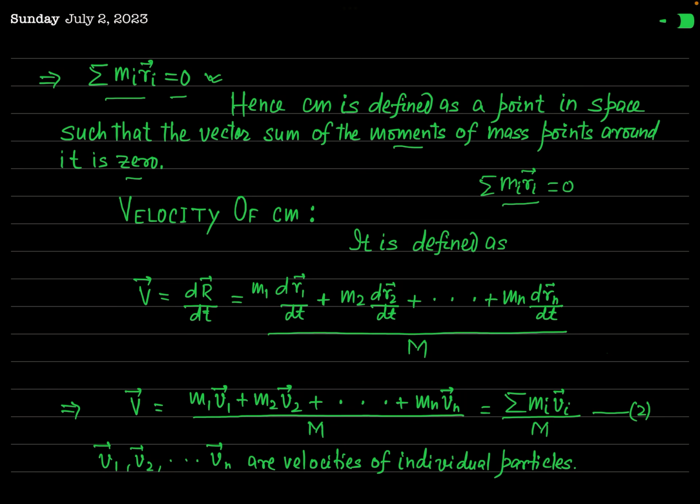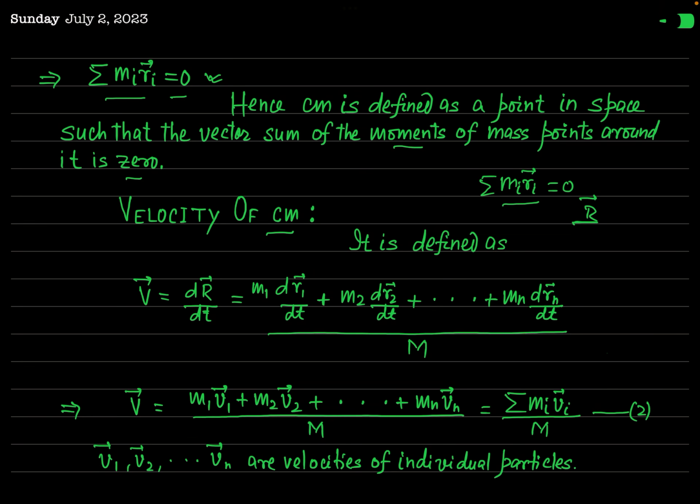Okay, now we will define the velocity of the center of mass. As you know, the position vector of the center of mass is R, and when the position vector is differentiated with respect to time, we get the velocity vector.